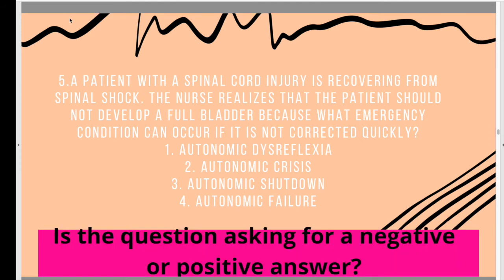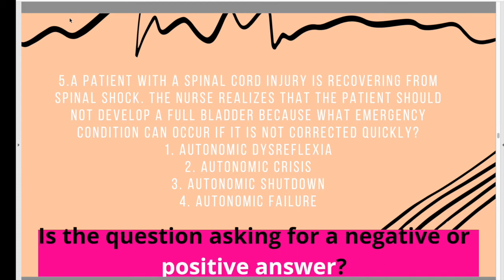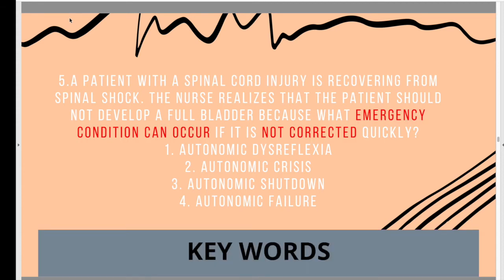So is the question asking for a negative or positive answer? The question is, the nurse realizes the patient should not develop a full bladder because what emergency condition can occur if it is not corrected quickly. So this is looking for a positive answer, and the keywords are what emergency condition can occur if it is not corrected, the full bladder.